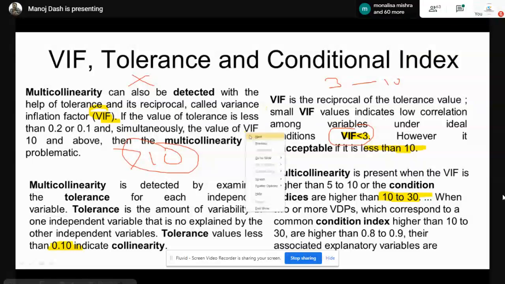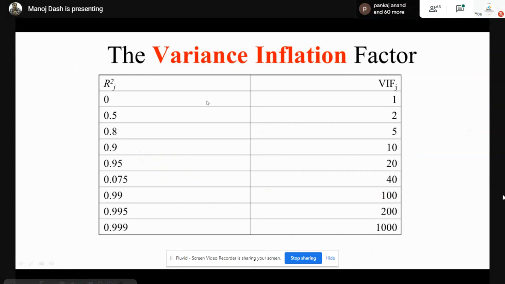Suppose, let me explain. This is X1. This is X2. This is 1, 2, 3, 4, 5, and 2, 4, 6, 8, 10. Do you find there is a correlation between these two? Yes, sir. X2 is equal to 2 of X1.